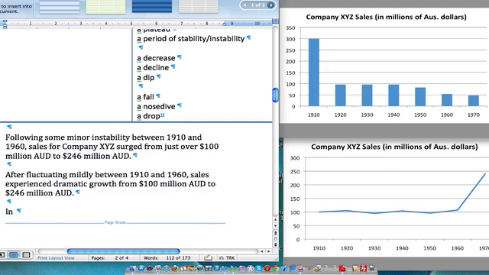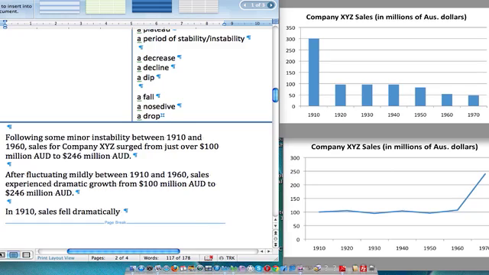So in 1910, sales, okay, what would be a fitting word here? We could say they dropped, they fell, they decreased. So sales fell sharply. Okay, I'm using my adverb to frame this, or I could change this to sales fell dramatically.